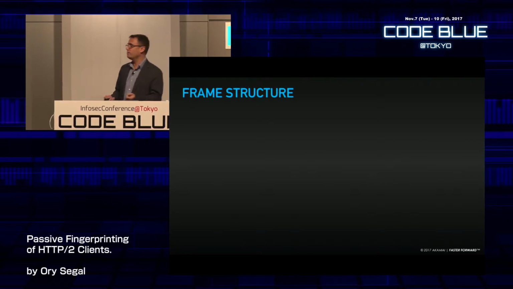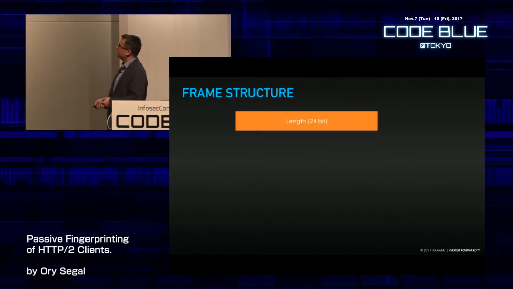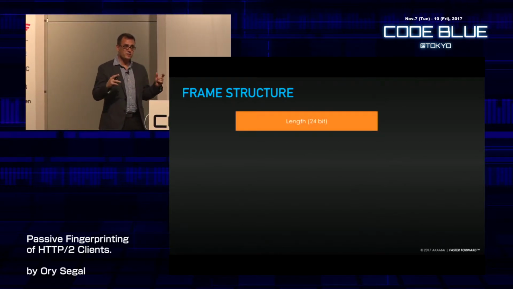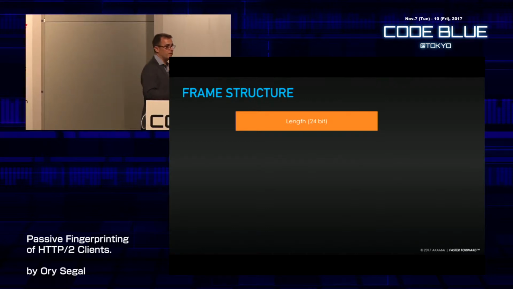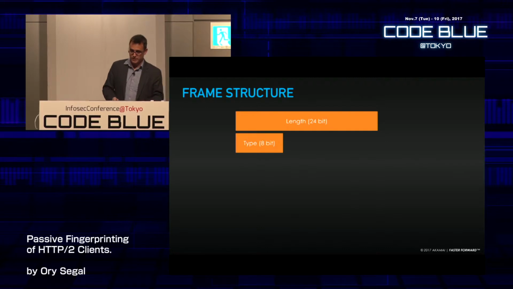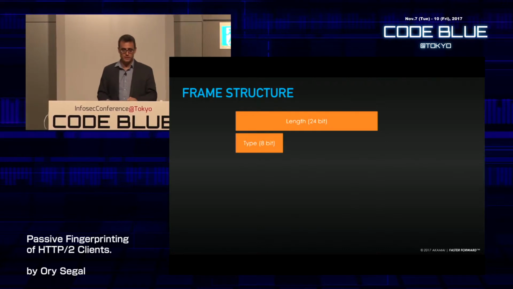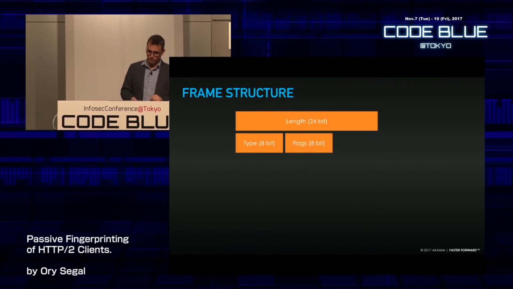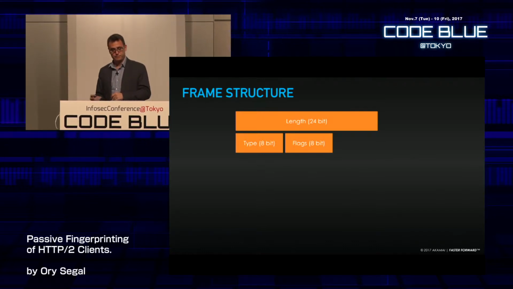So how does the frame look? In the beginning, we have the length of the frame, so an integer telling us what is the length of the frame that we are about to receive. The type of the frame, which is an 8-bit number. The different flags.